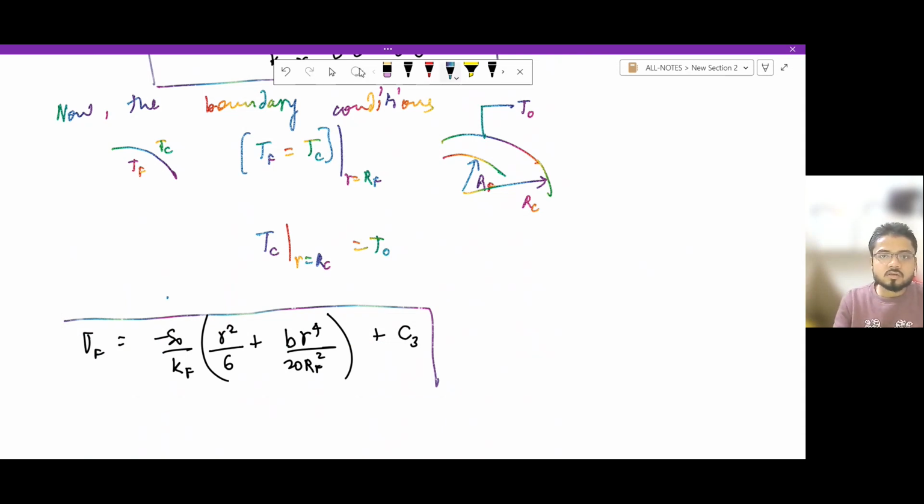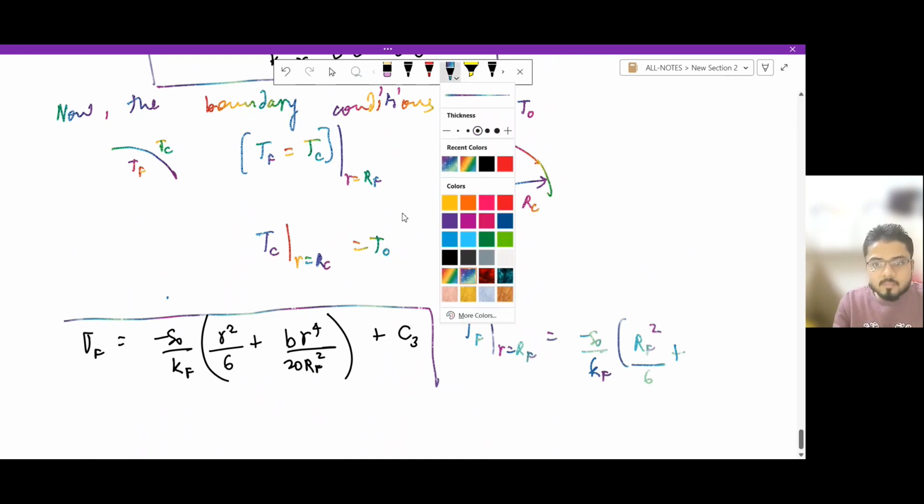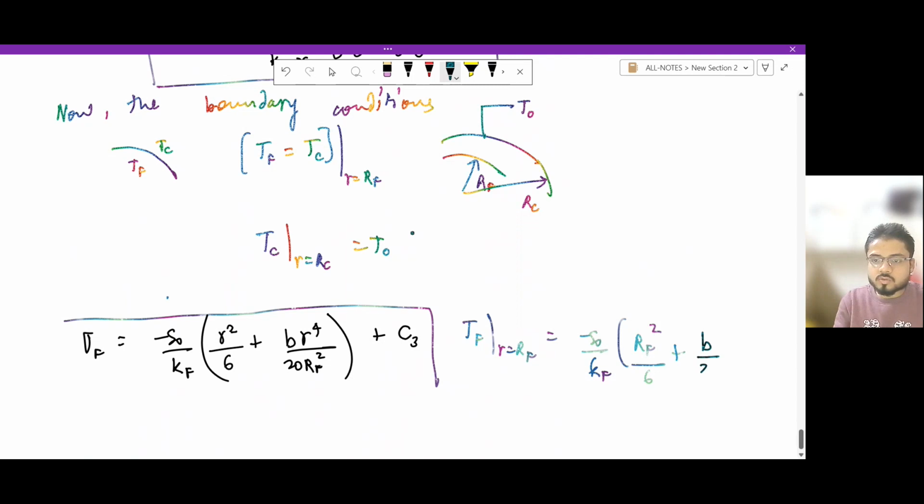TF is this, and so you write TF at R equals to RF would be equal to minus S naught by KF RF squared by 6 plus, okay, so the rainbow was better. Or maybe we could use this darker color, plus B by 20 RF squared.